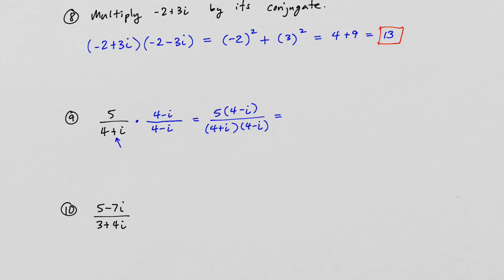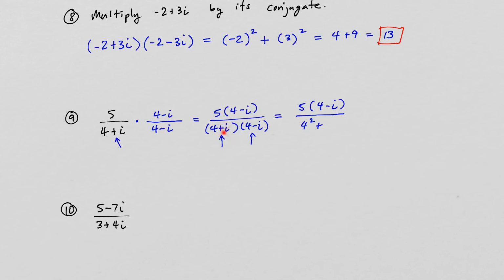Now, if we just do that multiplication, on the top, I'm going to leave it the way that it is. You could multiply it out if you want, but I'm going to leave it. And then in the bottom, we're going to have the product of two complex conjugates. And again, we can do the shortcut here. This is just 4 squared plus, now, what is the imaginary part here?